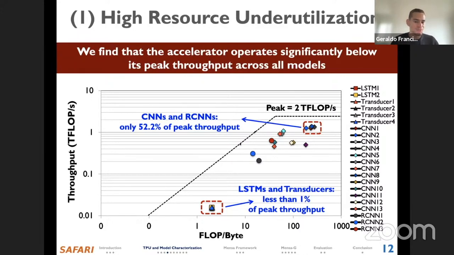So this is an oversimplification of the model. When we were doing the analysis, we did plot the roofline models per layer, but then it becomes quite an extensive plot. Okay, yeah, that makes sense.